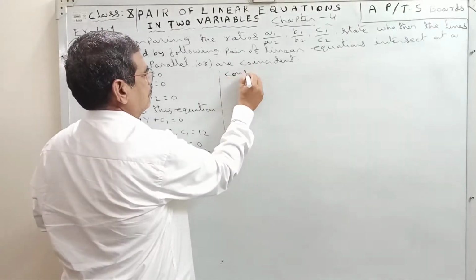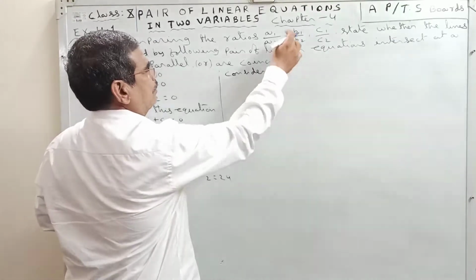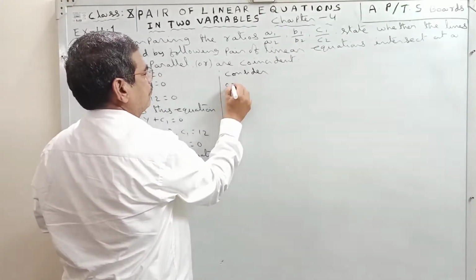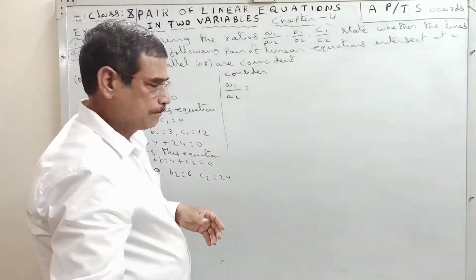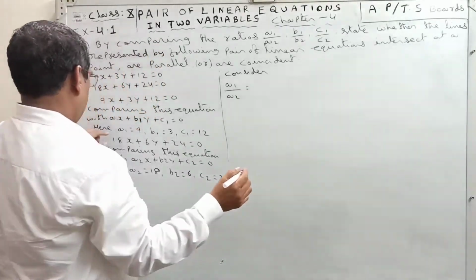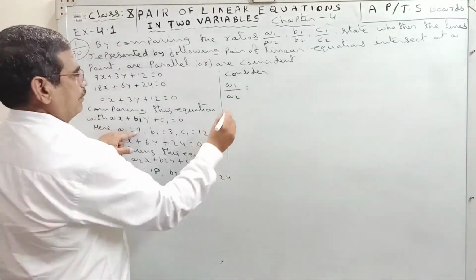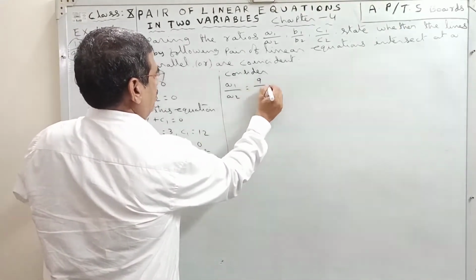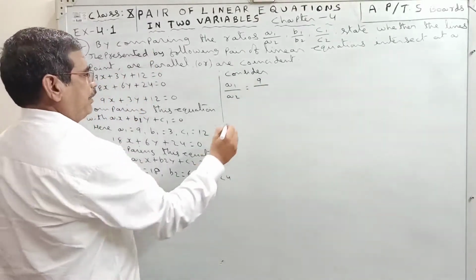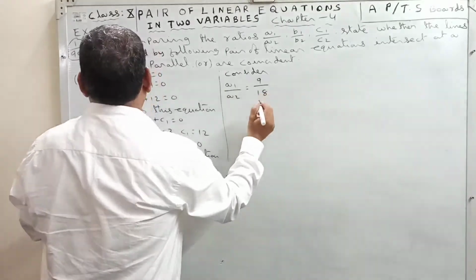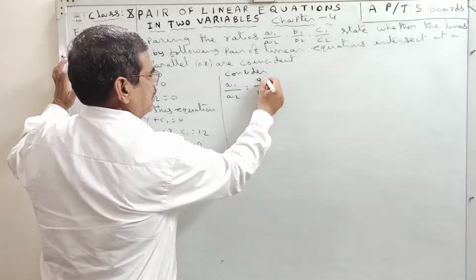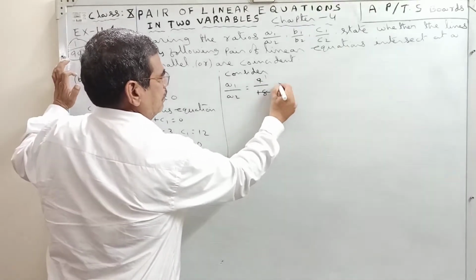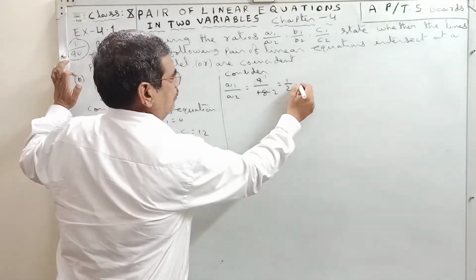Consider a1 by a2. The value of a1 is 9 and the value of a2 is 18, so 9 by 18. After cancellation, the 9 table will go, and that is equal to 1 by 2.